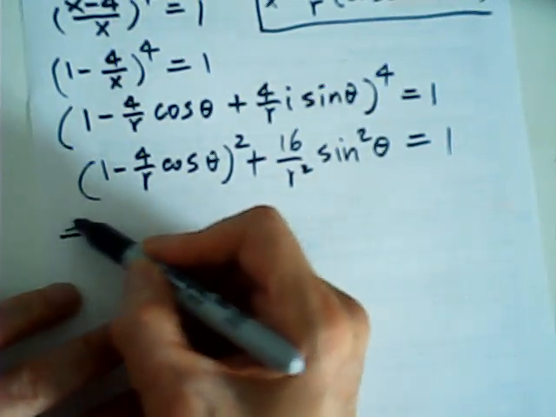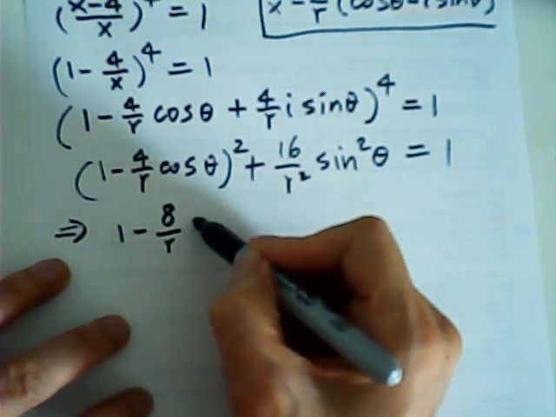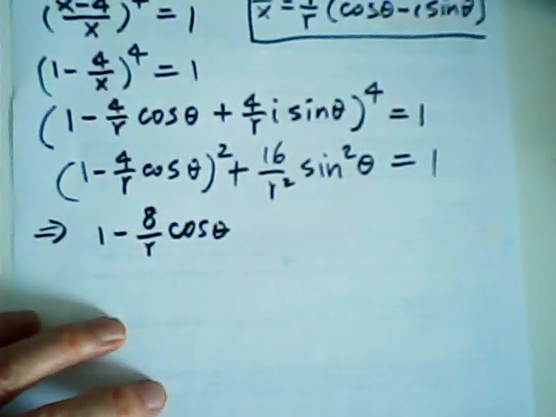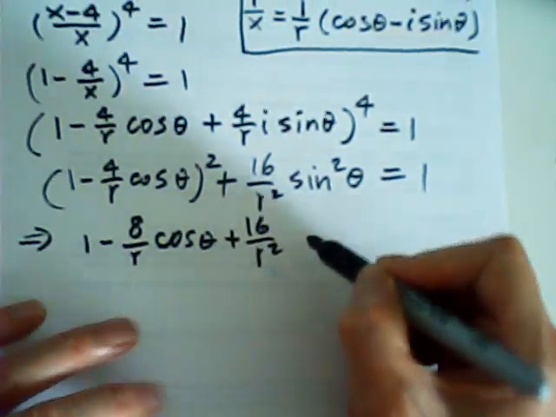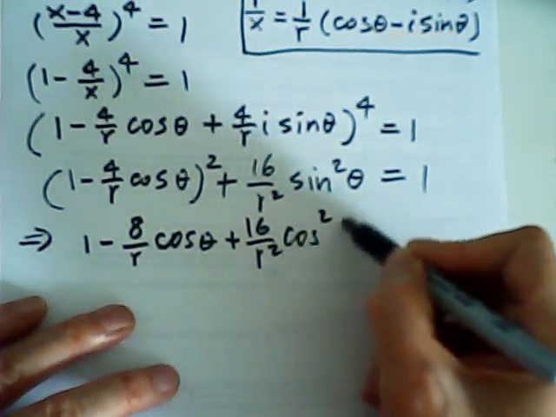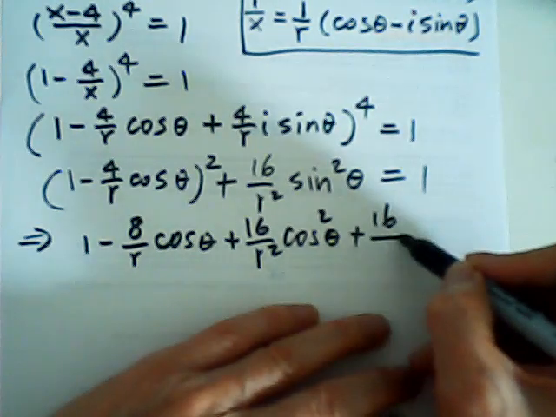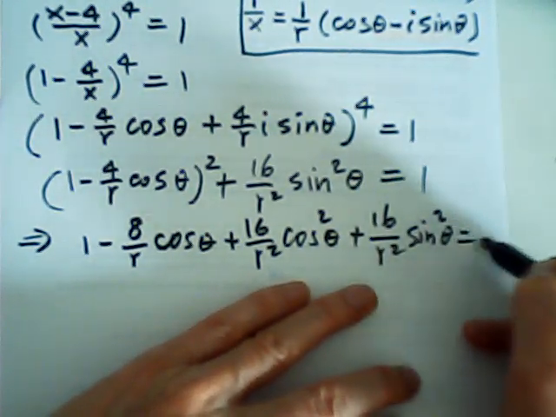So which means 1 minus 8 over r cosine theta plus 16 over r squared cosine squared theta plus 16 over r squared sine squared theta is equal to 1.